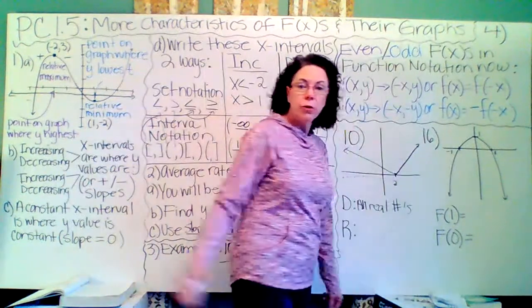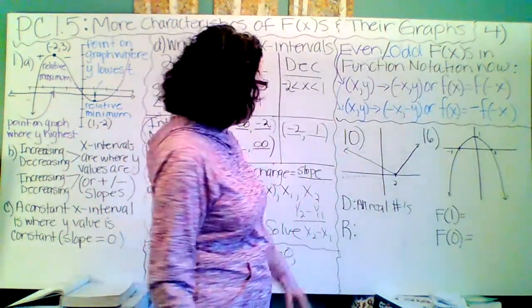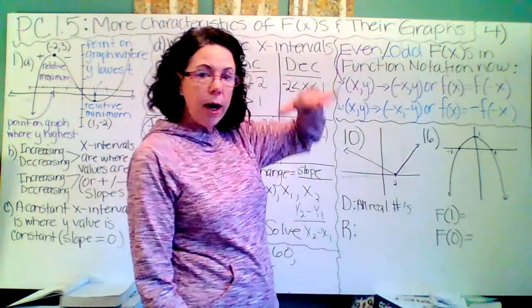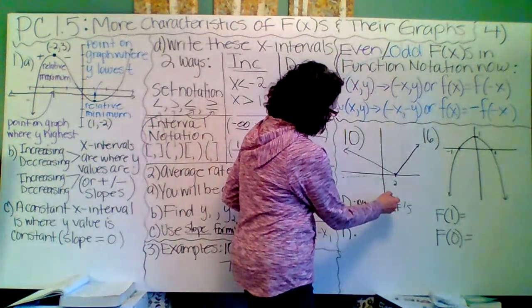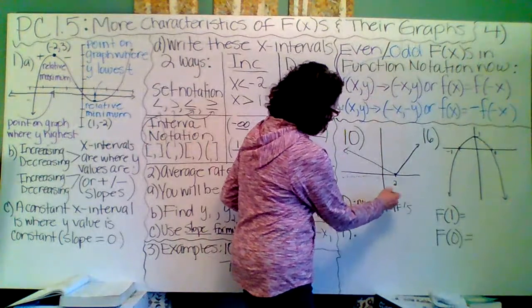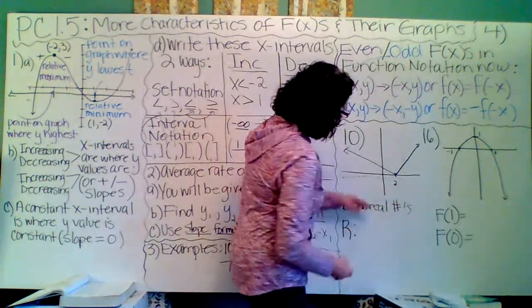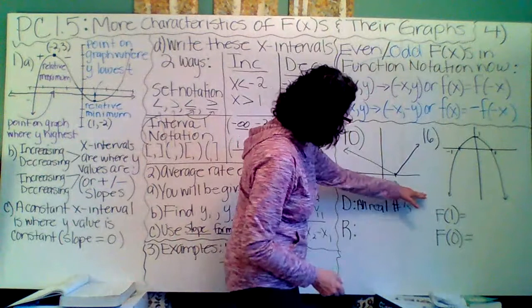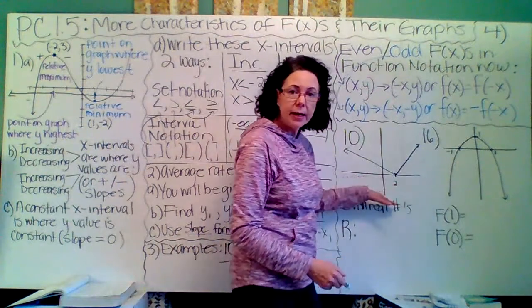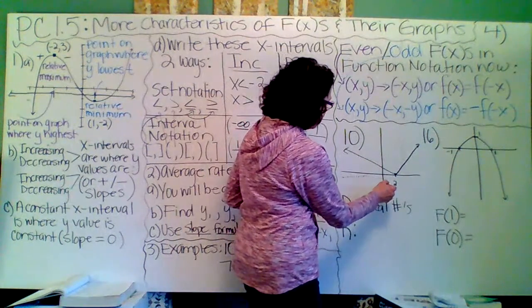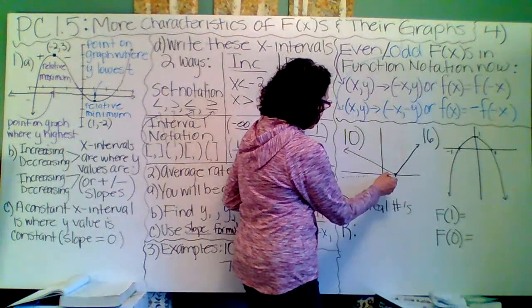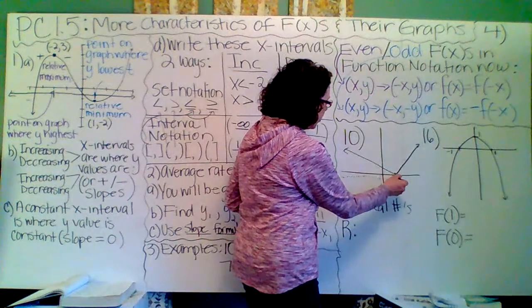The range are the y's, and those start low and go high. So notice I'm going to start here, and as I go up the y-axis, take a look here. There's no graph. For these y values right here, there is not a point I can name on the graph. So these y's are not in the range. Let's keep going up. Where's the first y that I come to where there's a point graphed?